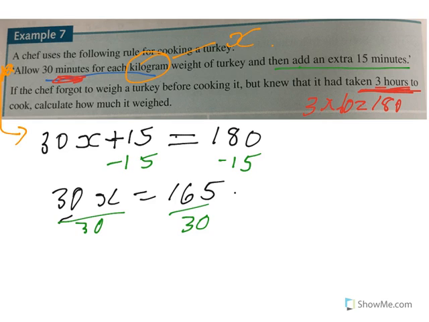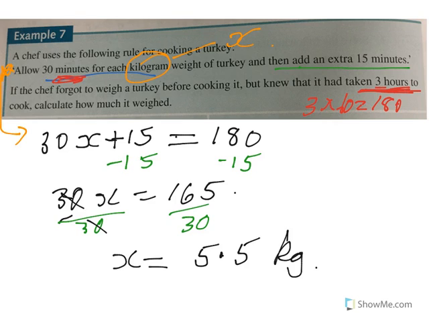We might need to get our calculator in there to get that. So x is 5 lots of 30 is 150, plus another 15, which is half a 30, so half a kilogram. So 5.5 kilograms.